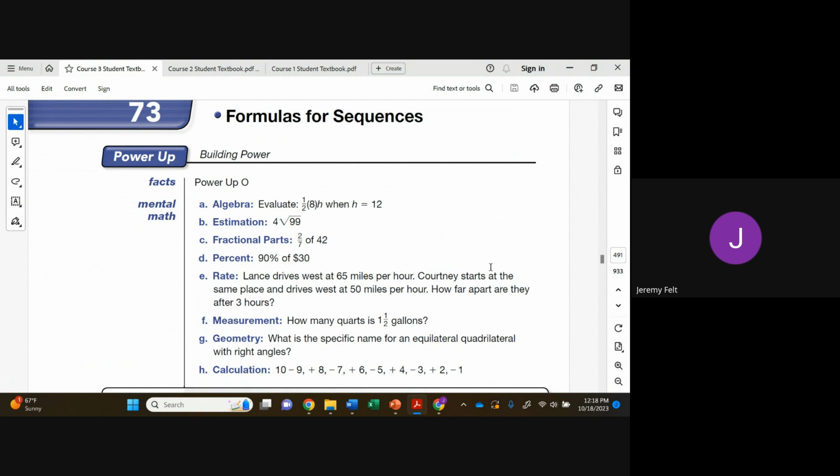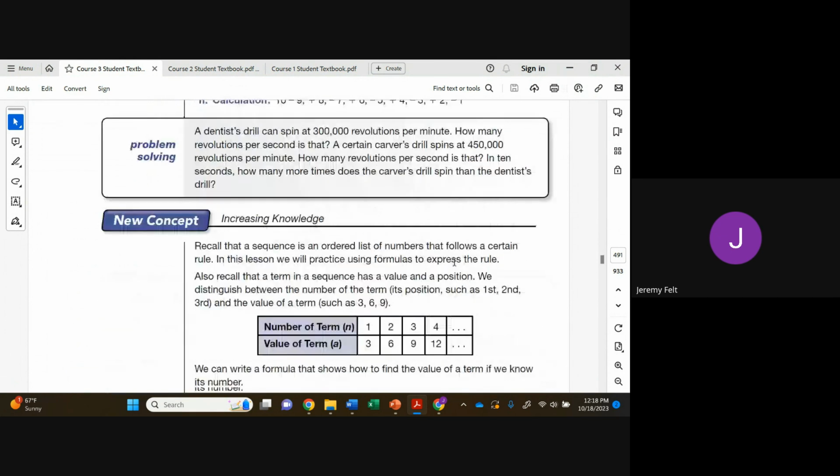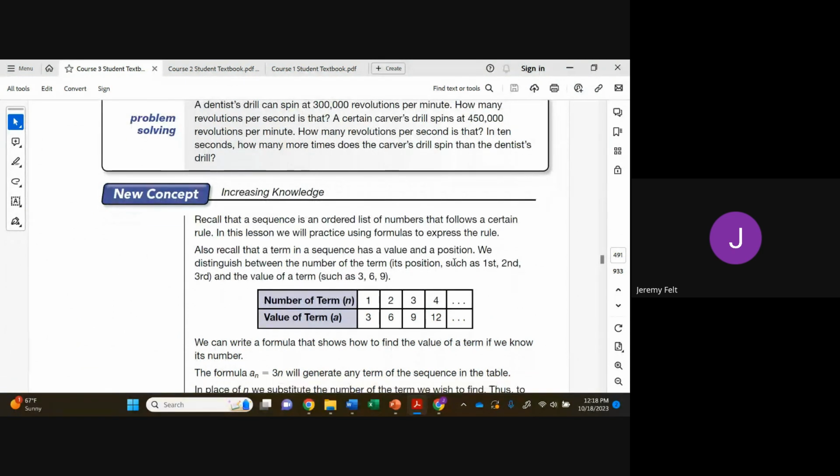But again, we can input number of term and calculate the value, or we can be given a value and calculate what number of term it is. We have arithmetic and geometric, and then other types of sequences. Again, the first term is always 1, then second, then third, then fourth.